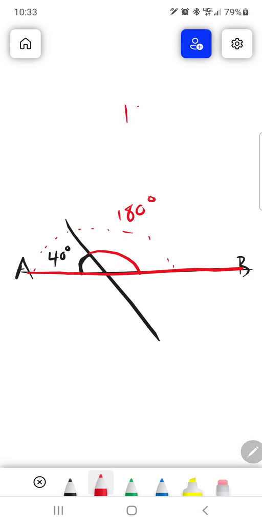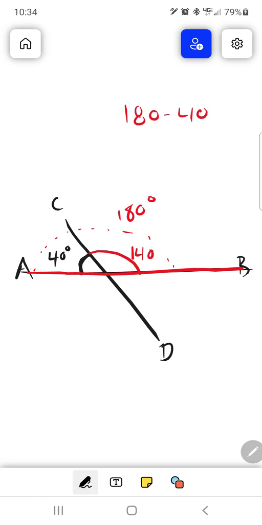So you take 180 minus 40, and that lets you know that this remaining angle is 140. So you have a total of 180 degrees there. Now, something else you need to recognize is that CD is also a line.